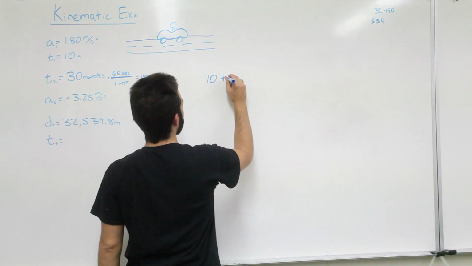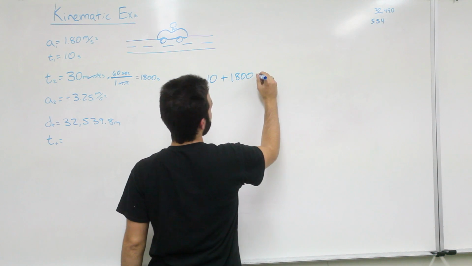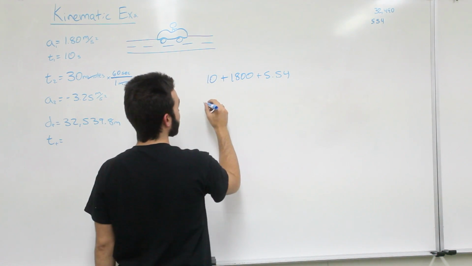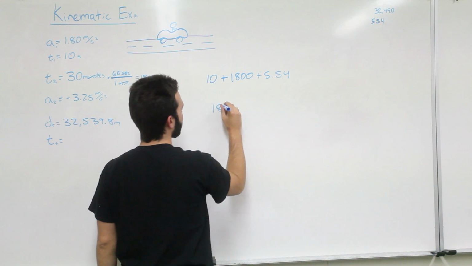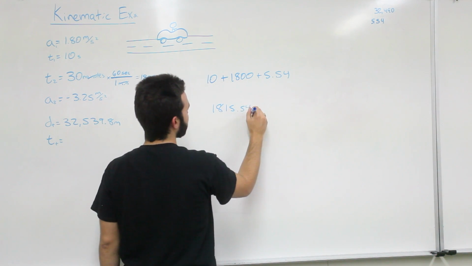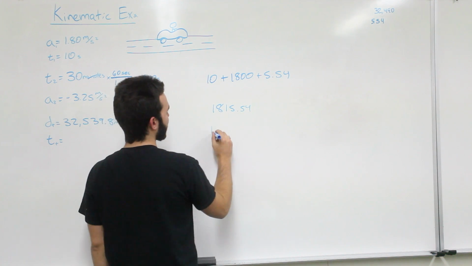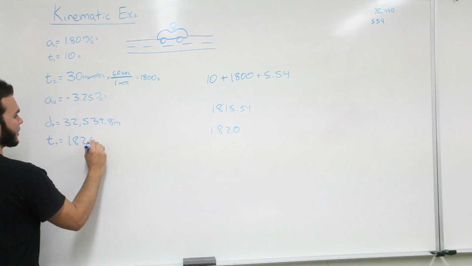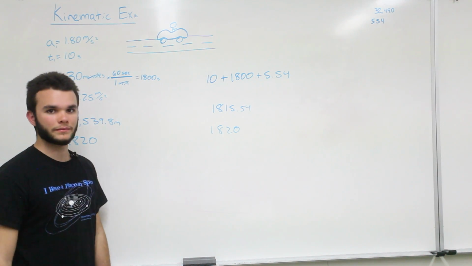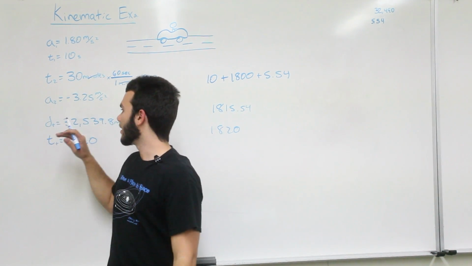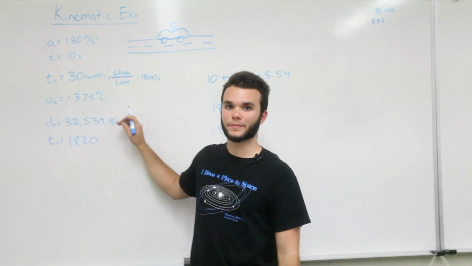So it's a lot simpler than it sounds, actually. So you just do that, and you get that your total runtime is about 1,815.54 seconds, which you can just round to 1,820. And that is the entire distance covered. I mean, the total time it took you to travel, and the total distance.